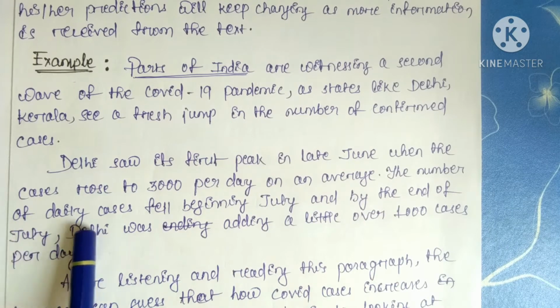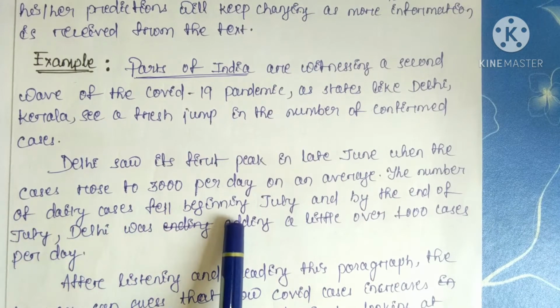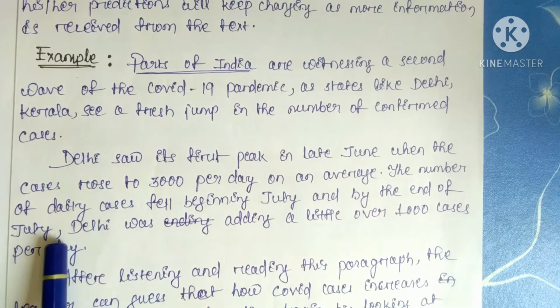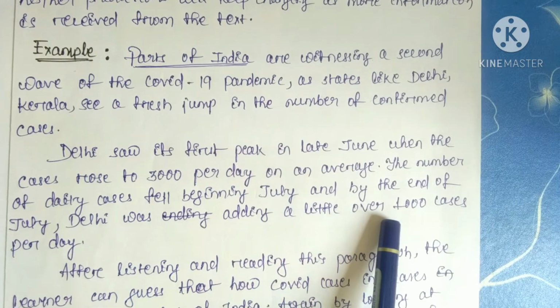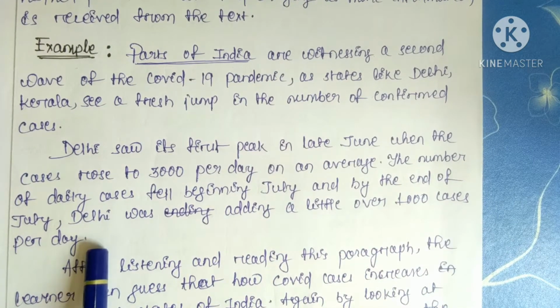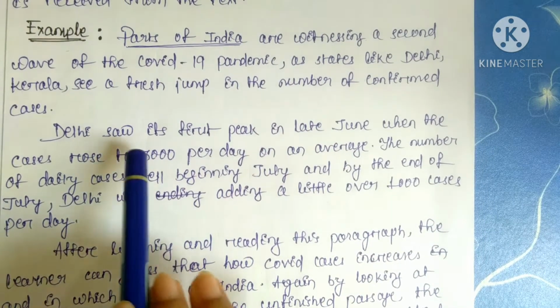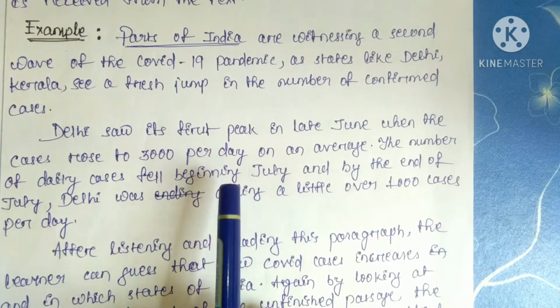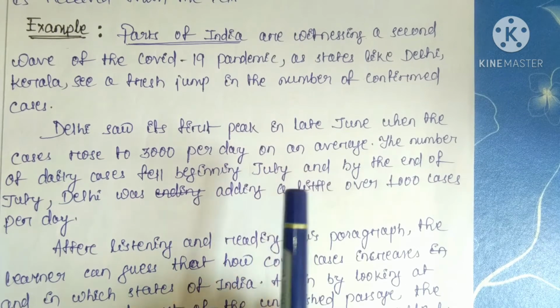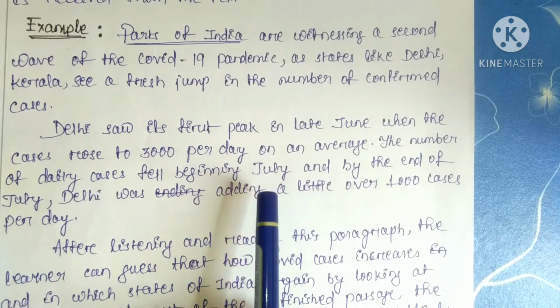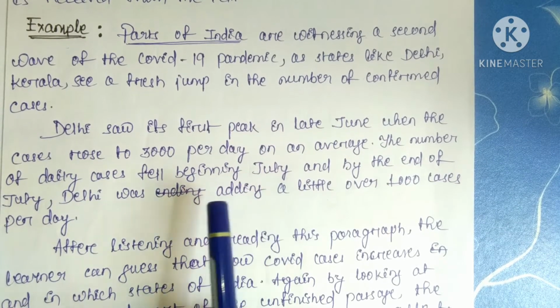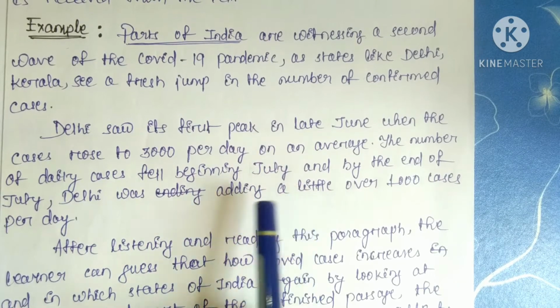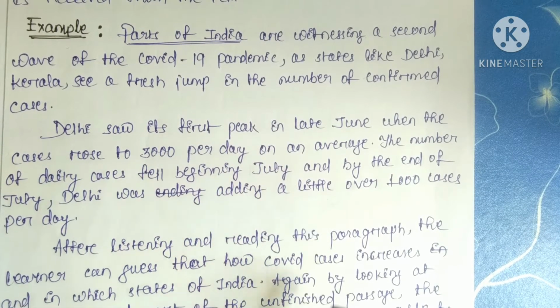The number of daily cases fell beginning July, and by the end of July, Delhi was adding a little over 1,000 cases per day. So here is a part of a newspaper paragraph. These are reading and listening skills, and by asking some questions, a learner is able to read and listen and guess some extra points.